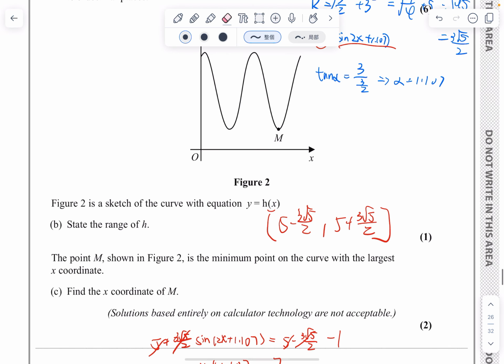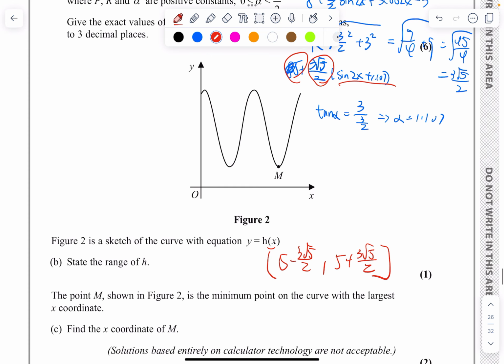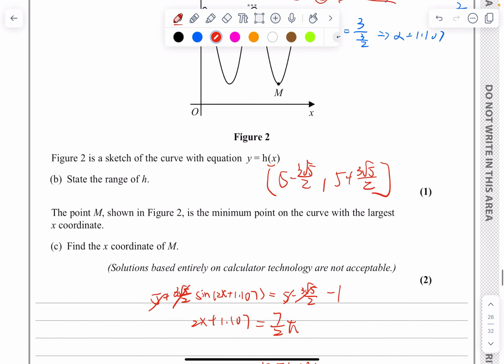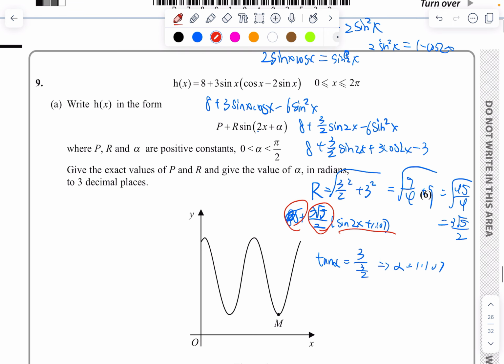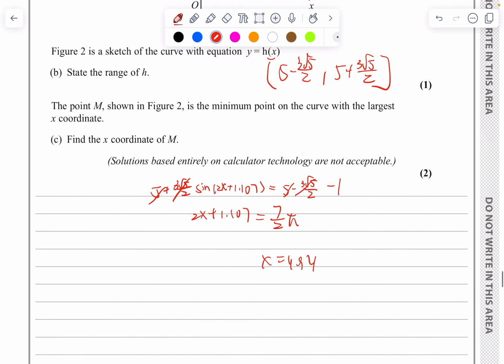Oh yeah, you might ask, how did I pull 7 over 2 pi out of nowhere just now? The answer is, we know that in sine, I don't know if you guys use the circle or the graph way.